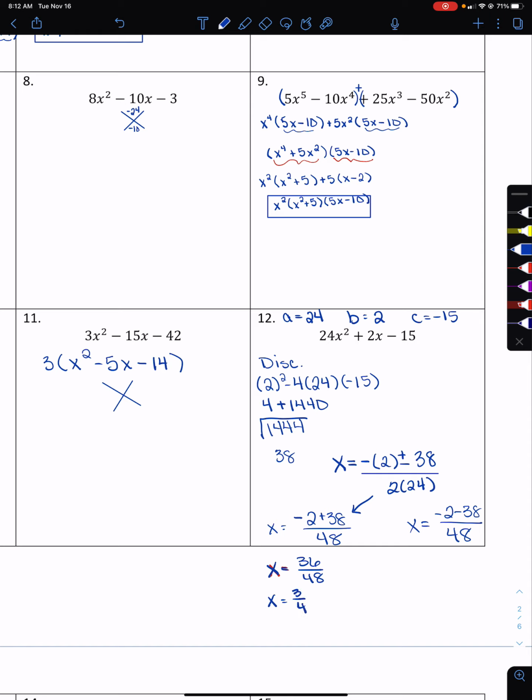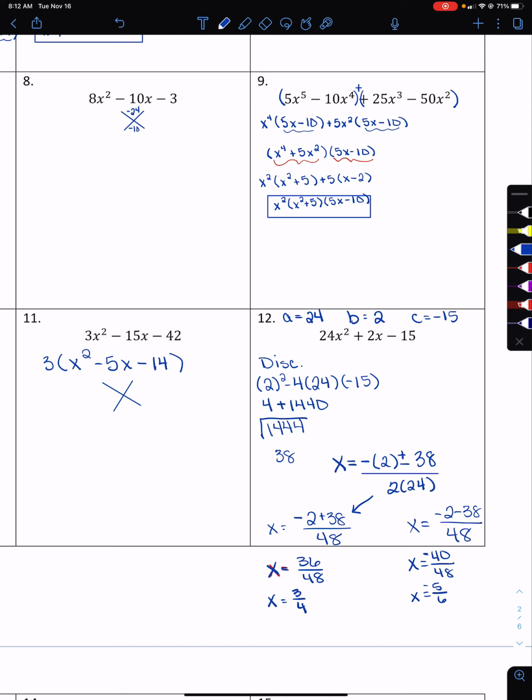Okay. On this one here, we would have x equals -40 over 48, or both of them being divisible by 8, would give me negative 5 over 6.